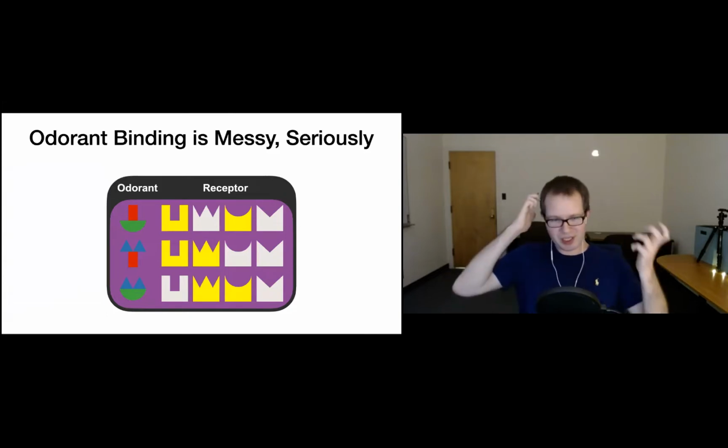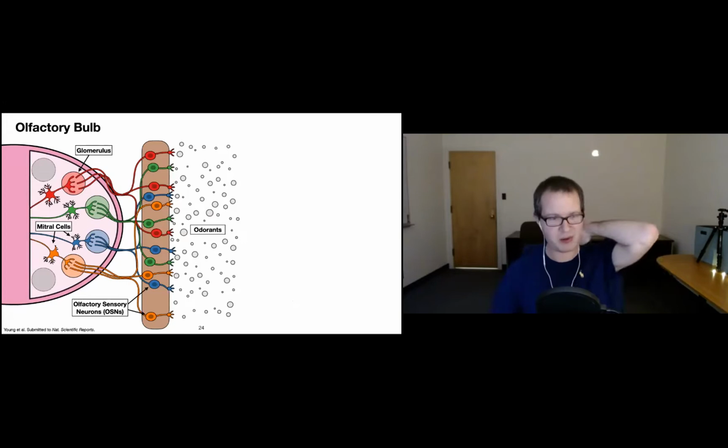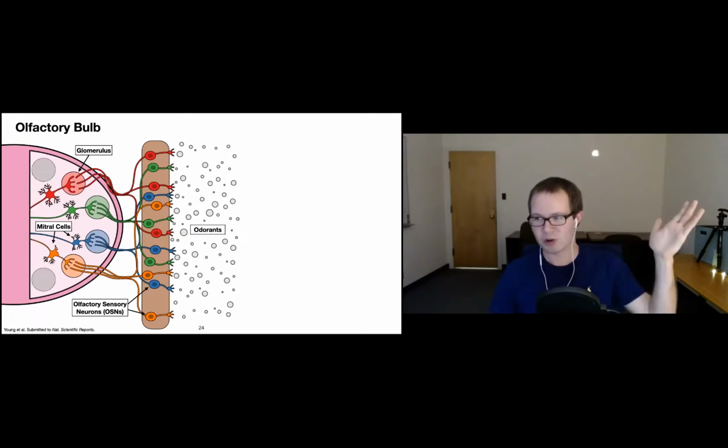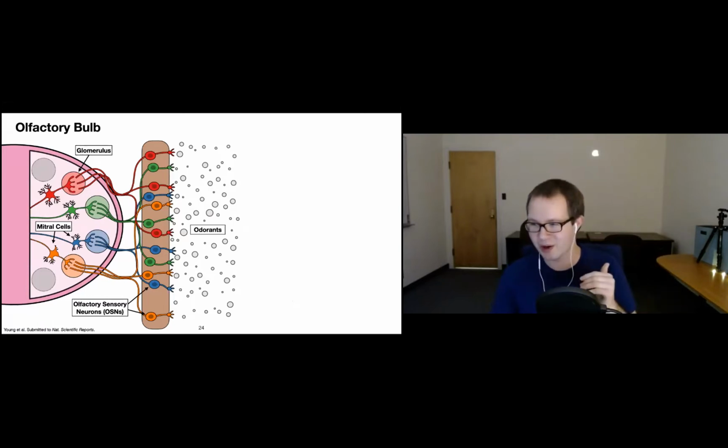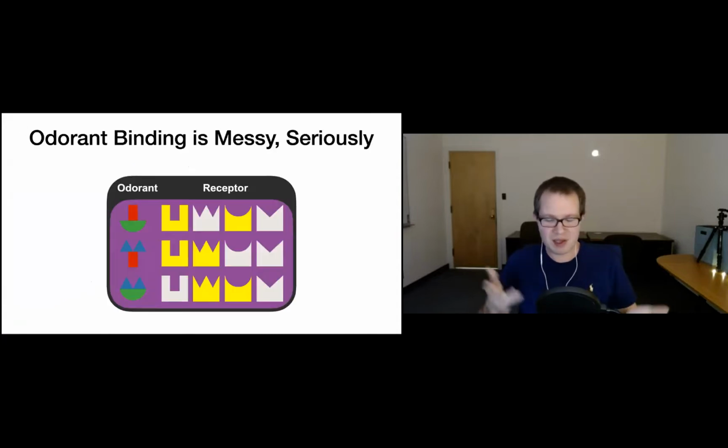This is really confusing, because what you would like in this beautiful diagram is that the red neuron only responds to X odorant and the green neuron only responds to Y odorant, but that's not what happens at all. It's not a one-to-one mapping, it's a many-to-many mapping.